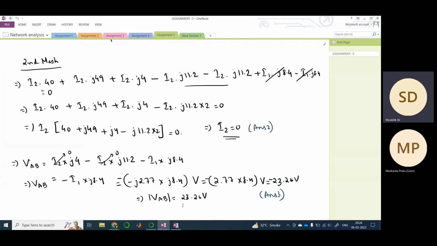The core of a transformer means basically the primary winding and secondary winding. It is enclosed and it is very close by. But the essential concept is the same. There also this thing is happening. There is flux linkage, right?